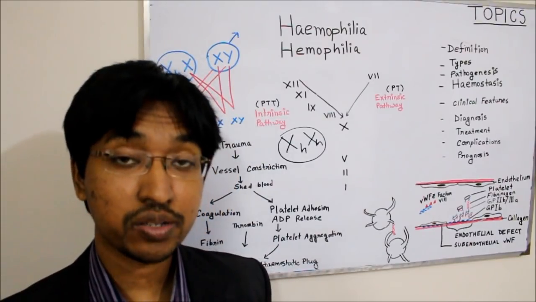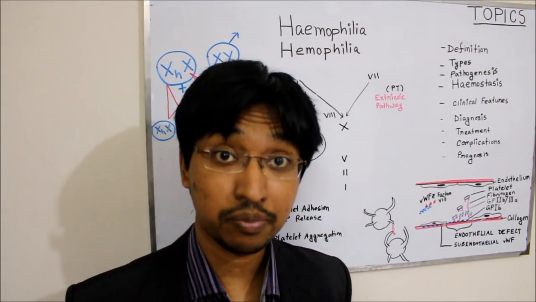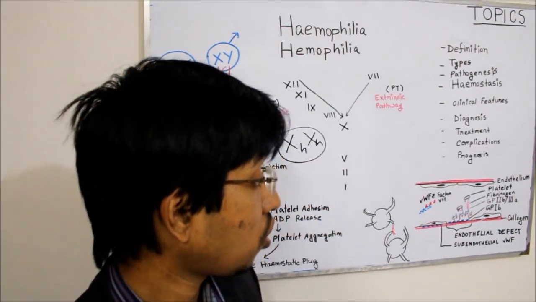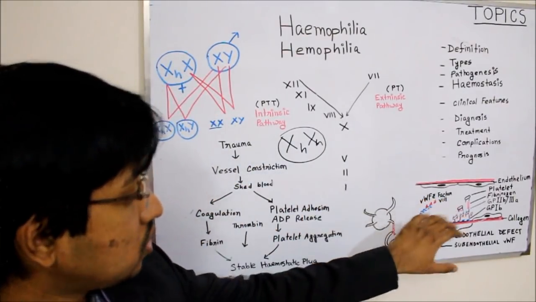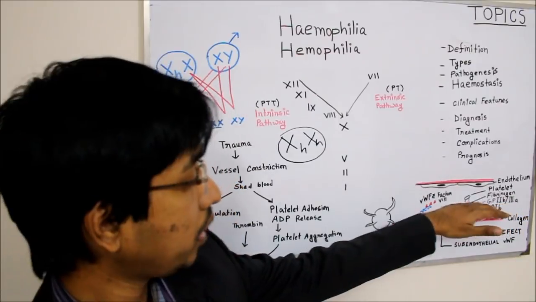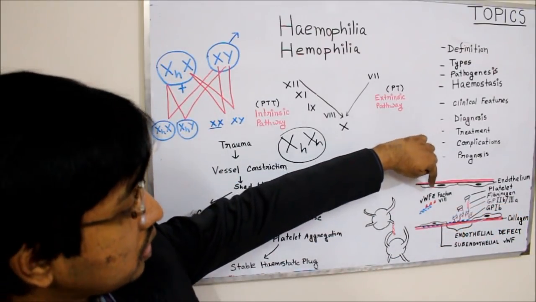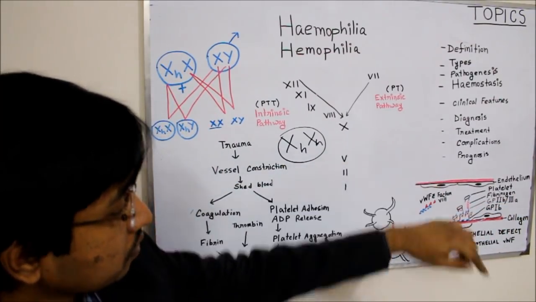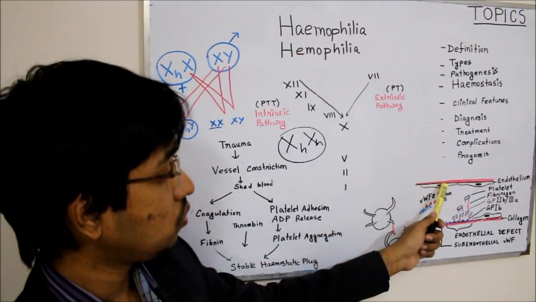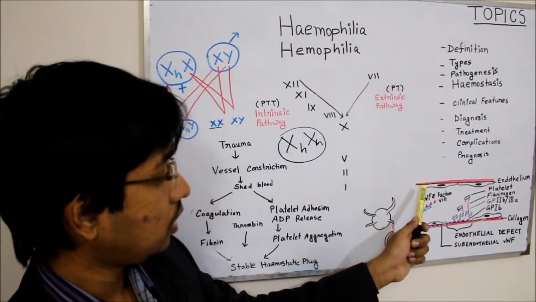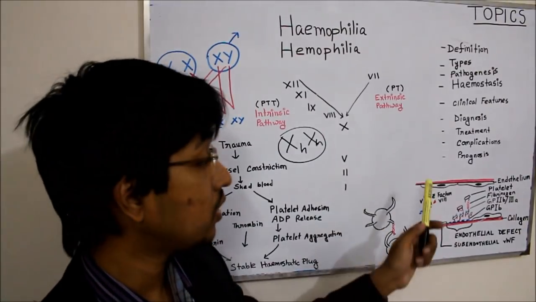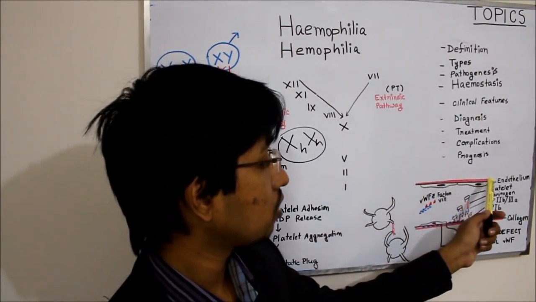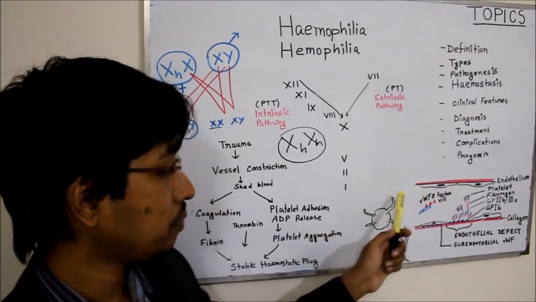And in order to understand the formation of platelet plug, you can see that I have drawn another image here. So in this image, this is the blood vessel's lumen. These are the endothelium. This is the nucleus of the endothelium, and beneath the endothelium that I have drawn here in red, this is the subendothelial collagen.